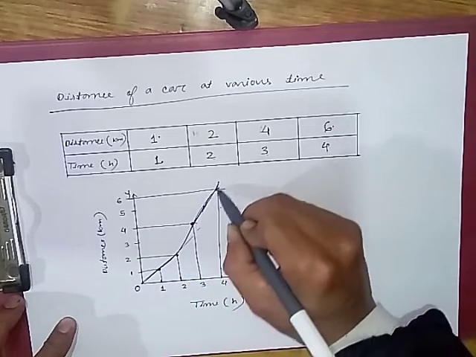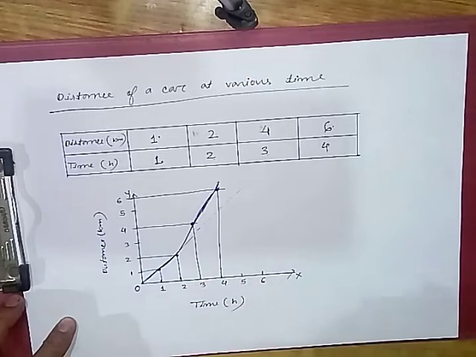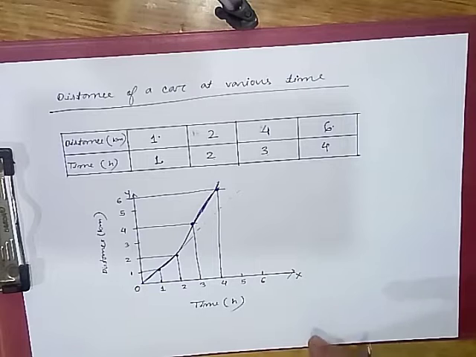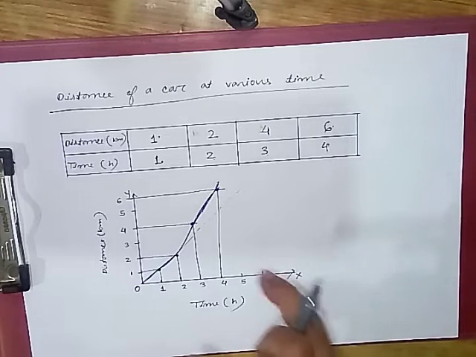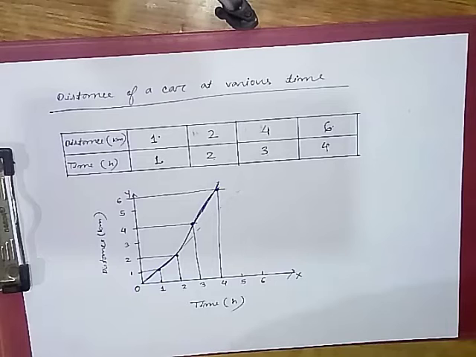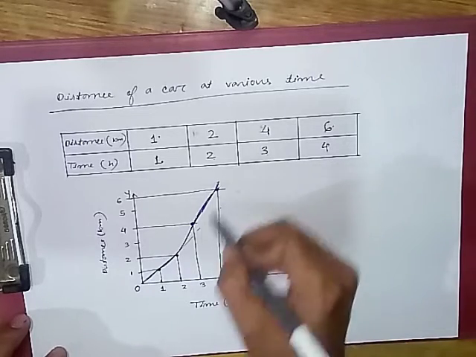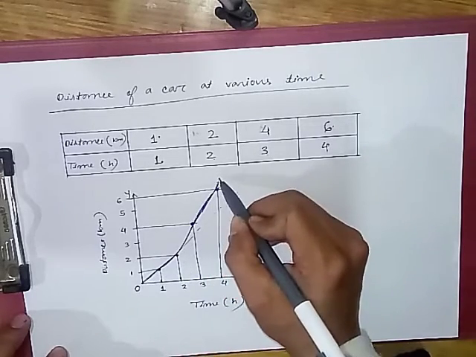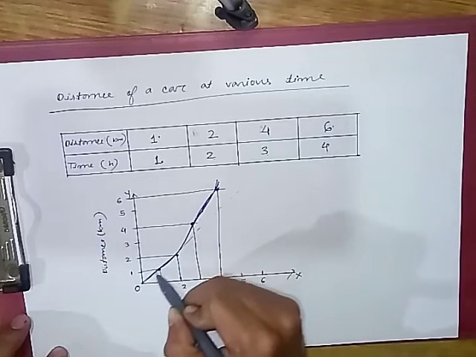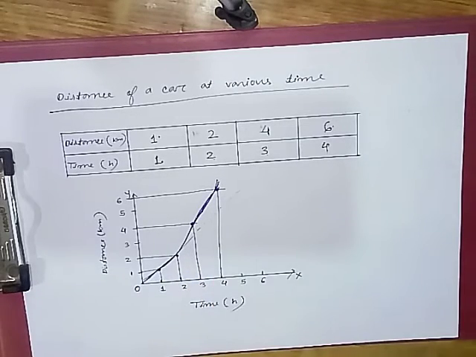But this is a curved line. So from this distance time graph, we can say that this is not a uniform motion. If it is uniform motion, then it will be a straight line. But here you can see that this is a curved line. So it is not uniform motion, it is non-uniform motion. So the car is traveling at non-uniform motion.